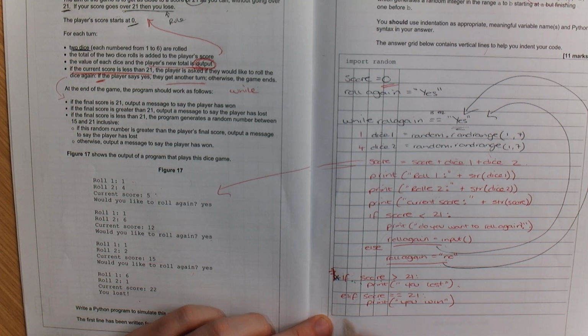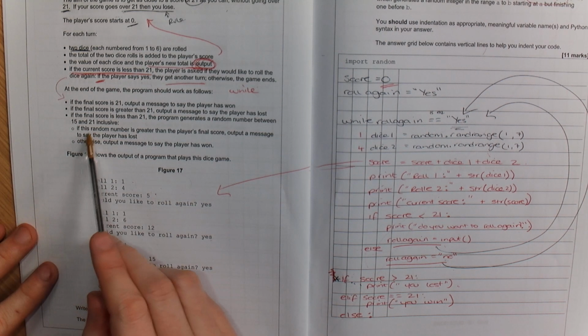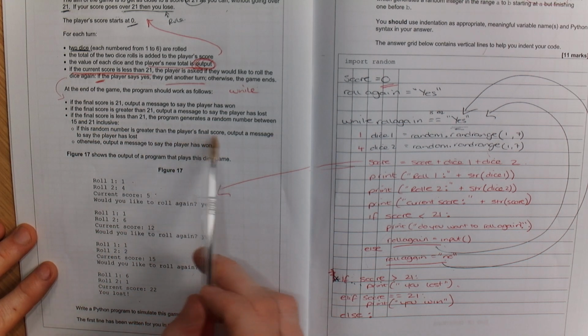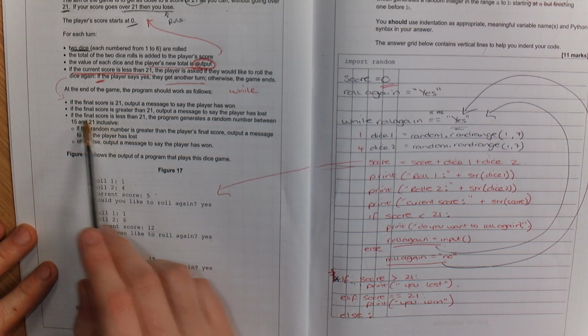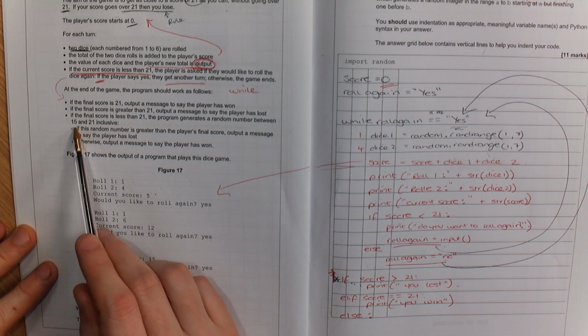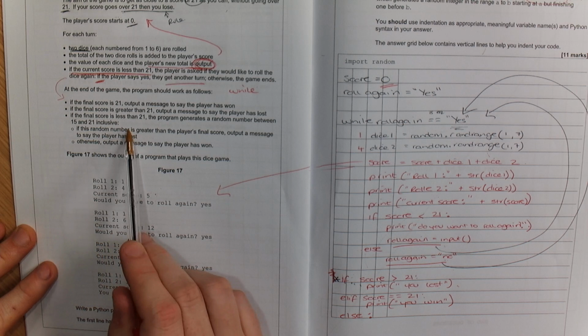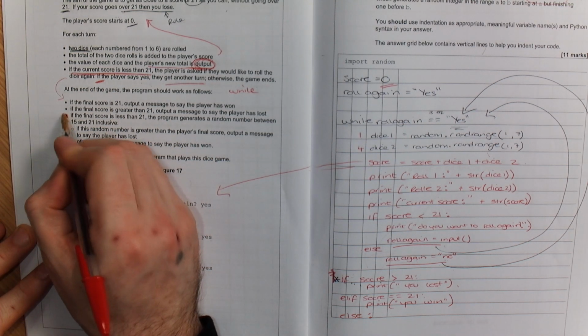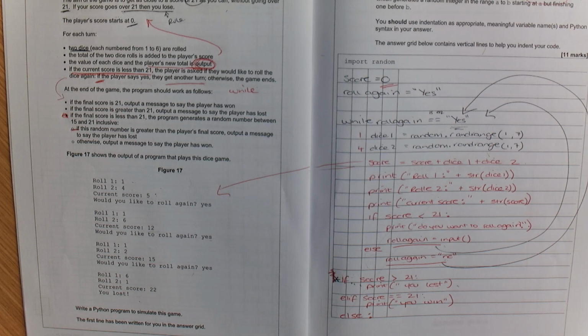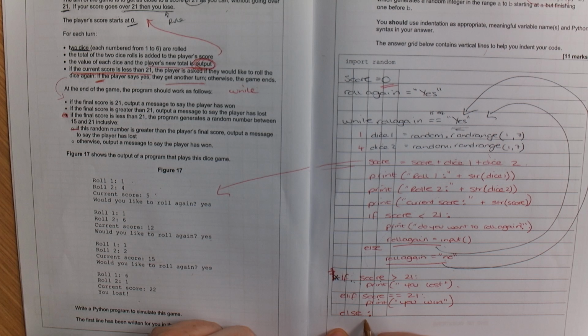Else, I'm going to do my last if statement, which says over here, if this number is greater than the player's final score, output that they've lost, but here it says if it's less than 21, the program generates a random number between 15 and 21. If this number is part of this, that's telling you you've got selection that moves in, nested selections. So that's why we've got an else and another if inside that.